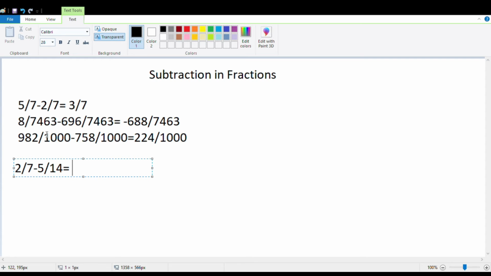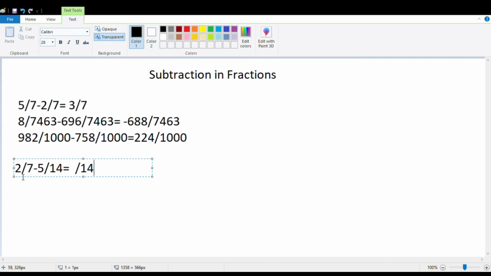First we find the LCM of both of these fractions, and the LCM is 14, because 7 times 2 is 14, and 14 times 1 is 14. So the denominator is 14.